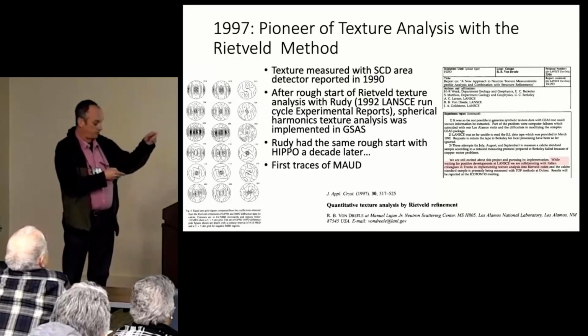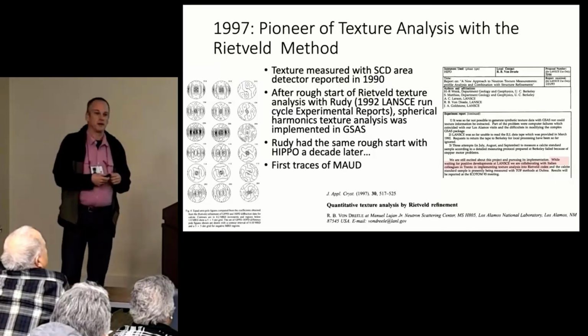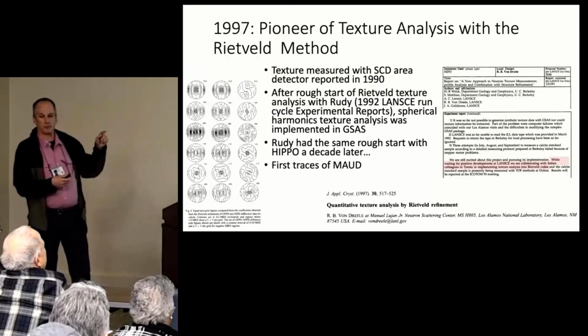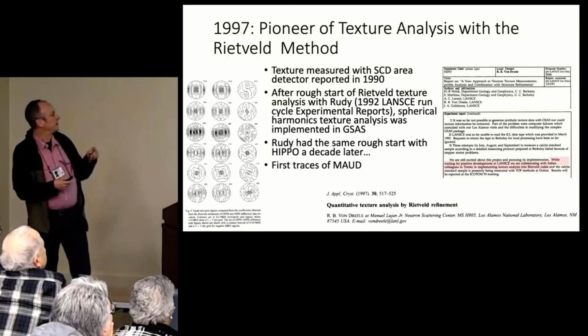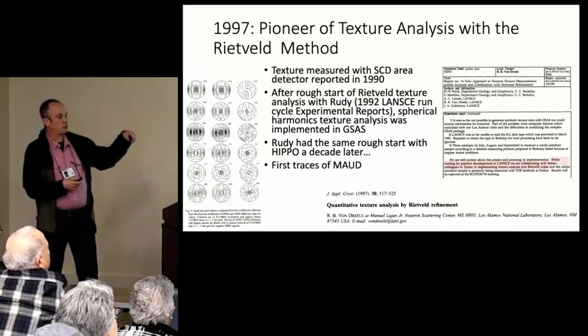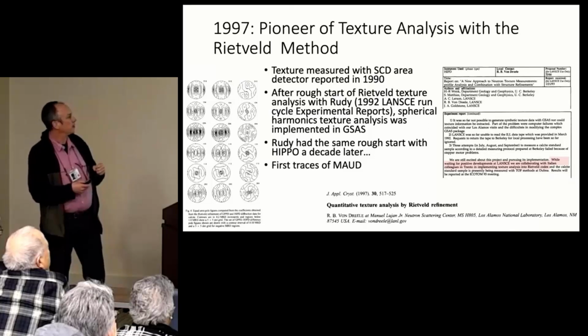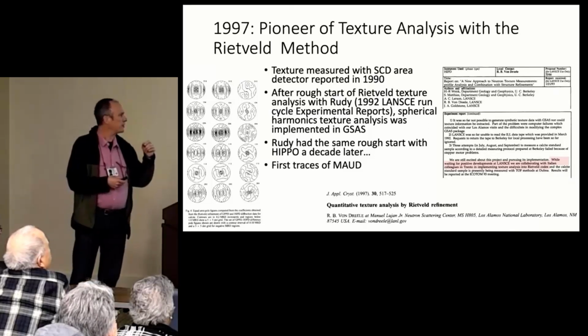I also found this old experimental report, also from the 1992 run cycle progress report that John Parise cited. It's Rudy Wenk's proposal together with Siegfried Matthies, Angus Larson, Bob, and Joyce Roberts.